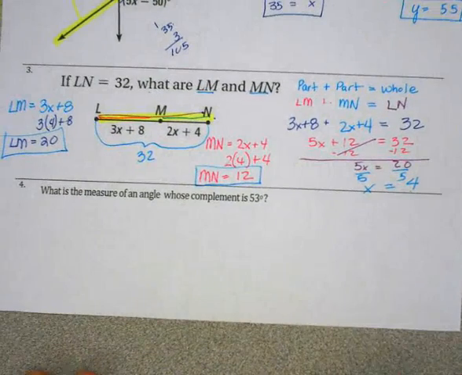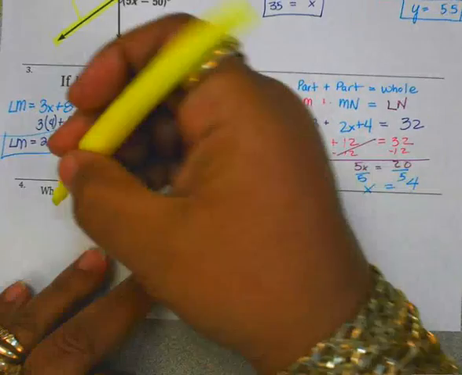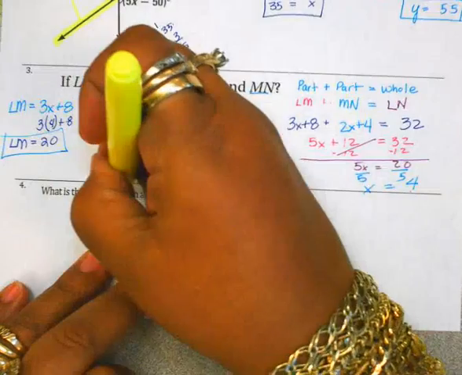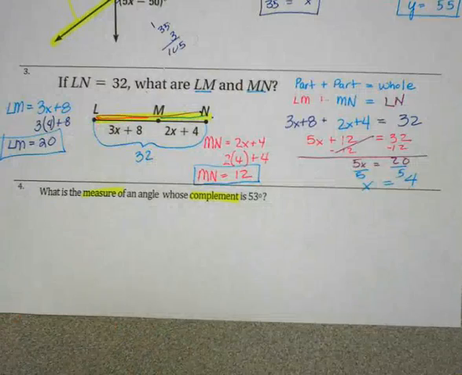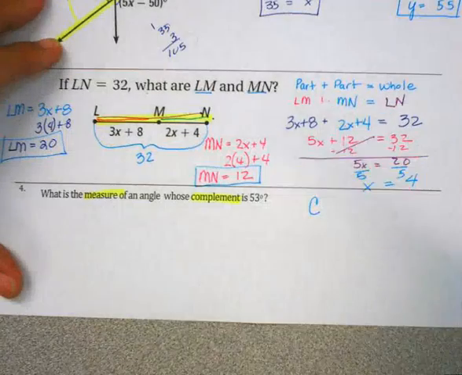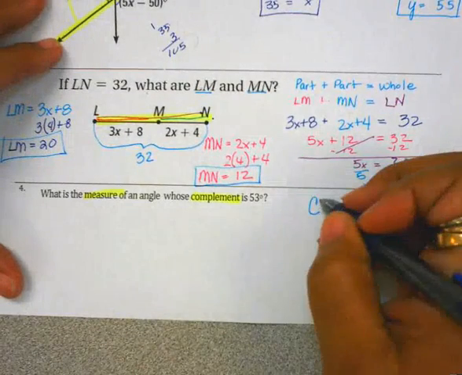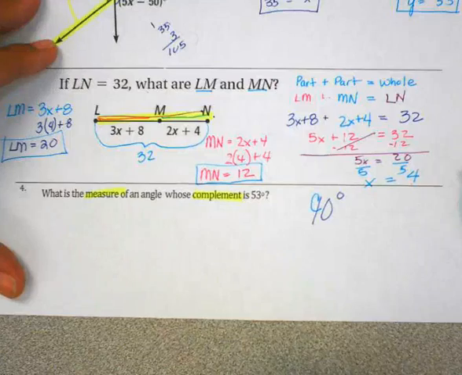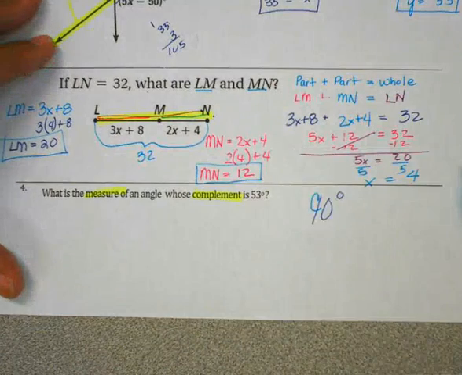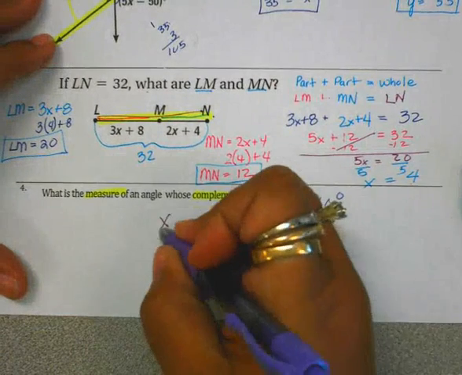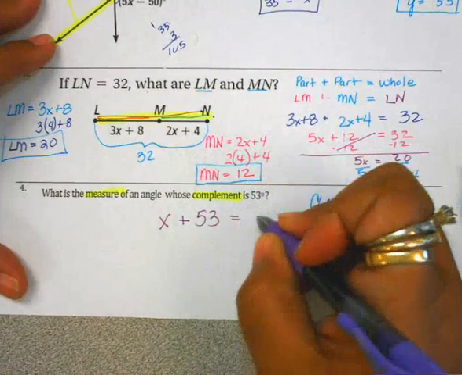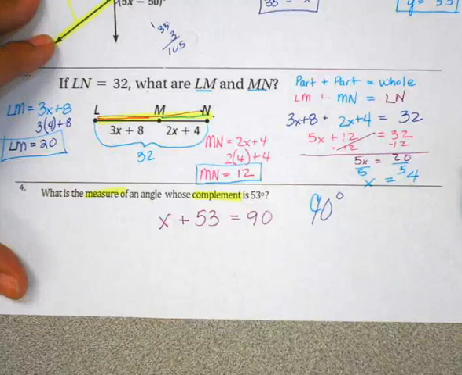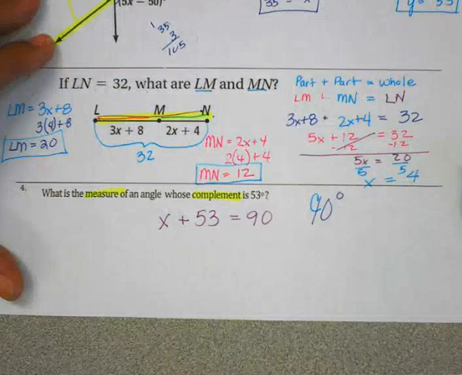The next question says, what is the measure of an angle whose complement is 53? Well, we know that a complement has to add to 90 degrees. So x plus 53 has to equal 90, because complementary angles add to 90 degrees.